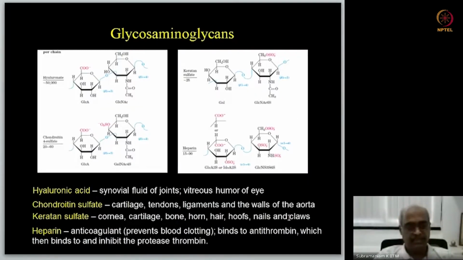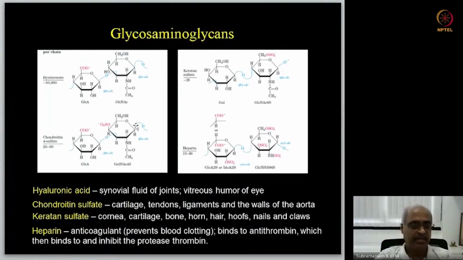The next set of heteropolysaccharides we are going to see are called glycosaminoglycans. We already know glucosamine, with this amino group attached to usually the second carbon, which I told you yesterday is usually acetylated, so N-acetylglucosamine.